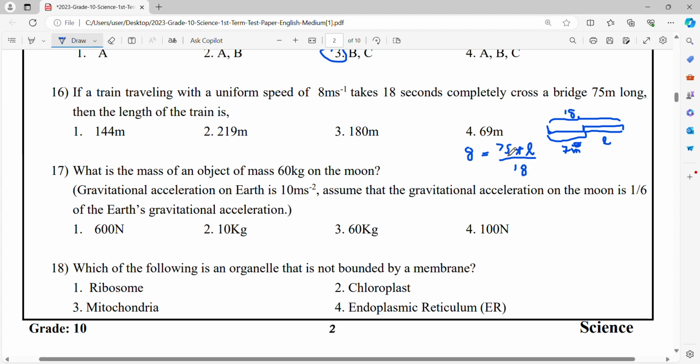When you calculate this formula, 18 into 8, then deduct the 75. The answer will be 69 when we solve this.